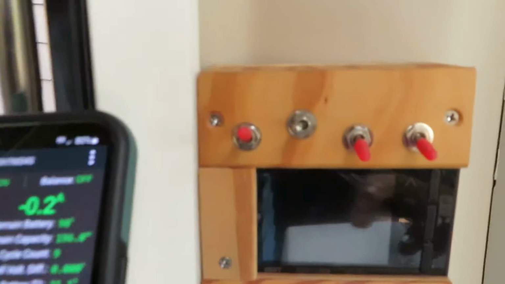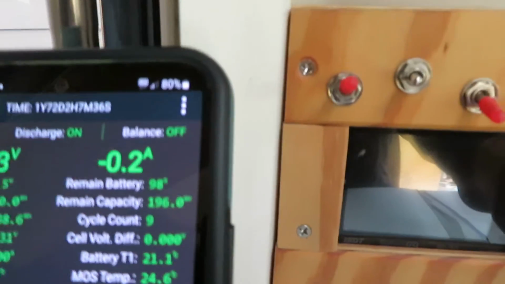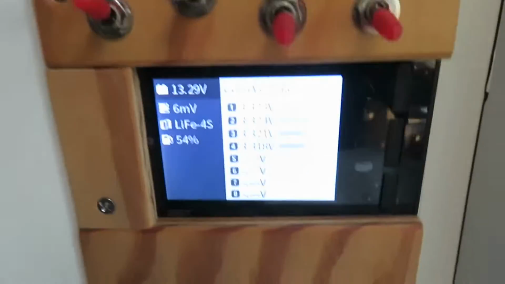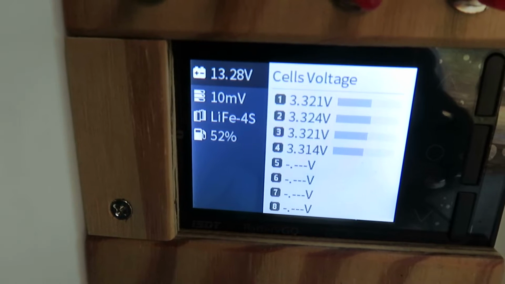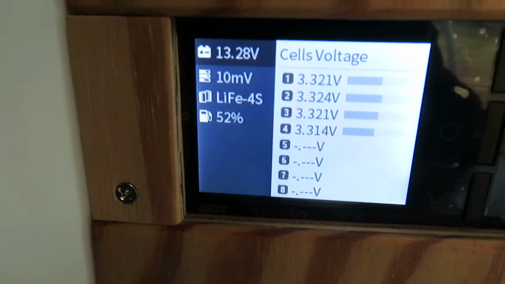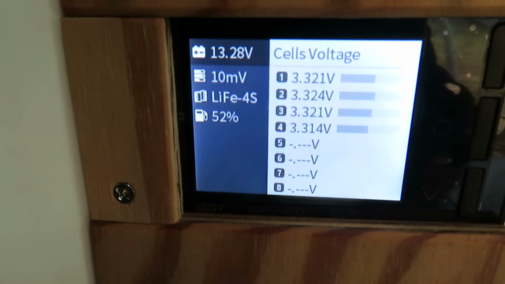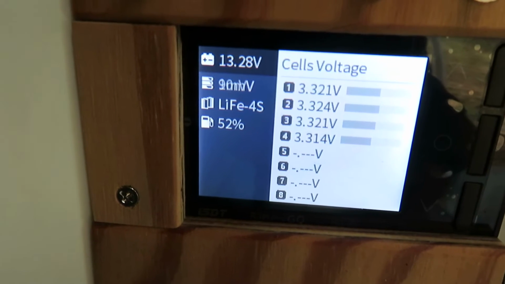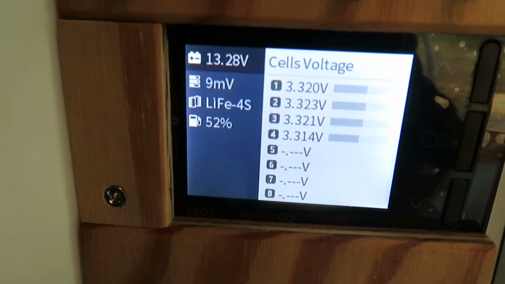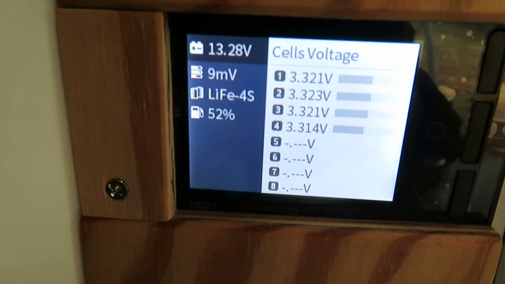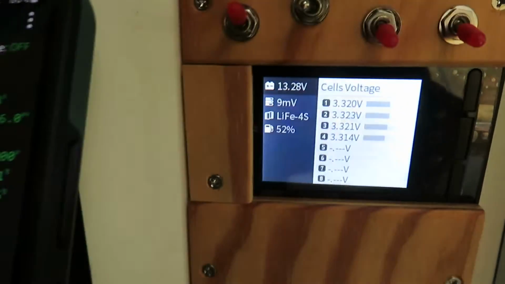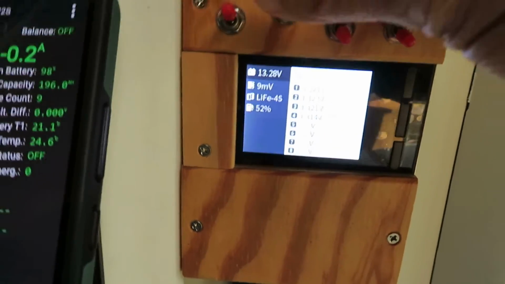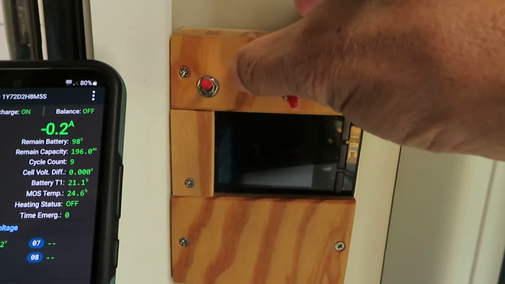And my left EcoTrack is 13.28 volt. And the imbalance is between 9 to 10 millivolts. So let's say 10 millivolts. And let's go to the right EcoTrack.